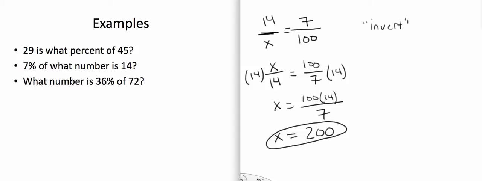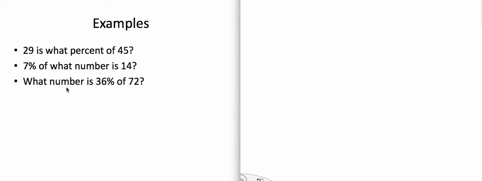Okay, and then the final example, we've got what number is 36% of 72. So we're looking at our equation here again. I've got what number is. We've got that what number is right next to the word is, so that means my variable goes in the is spot.